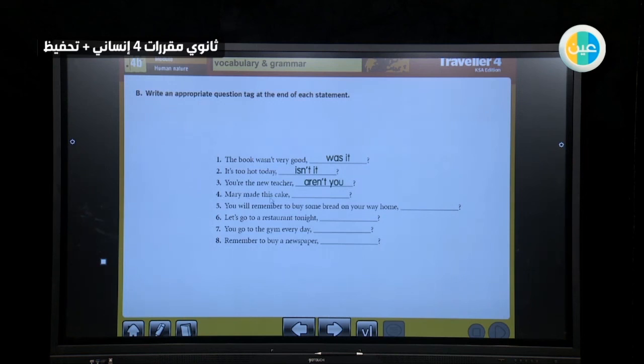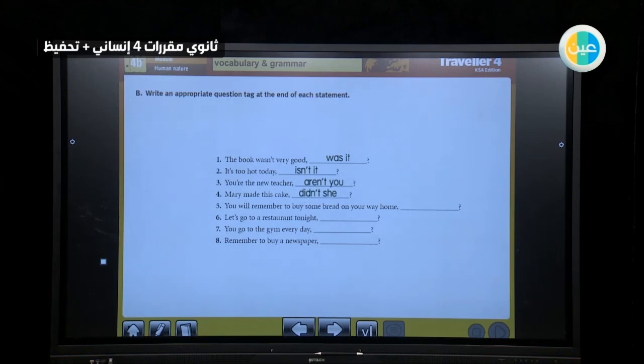Mary made this cake. Didn't she? Pay attention that in this statement, we don't have the auxiliary verb, so we add here did, do, or does, according to the statement. Mary made, this is in the past, so I use did here.